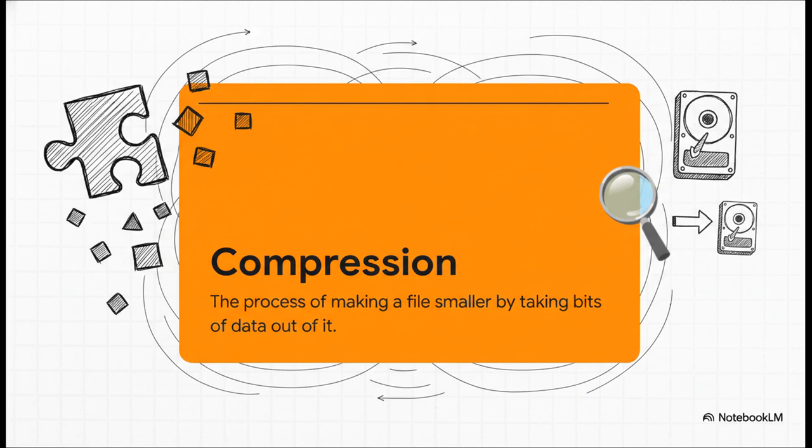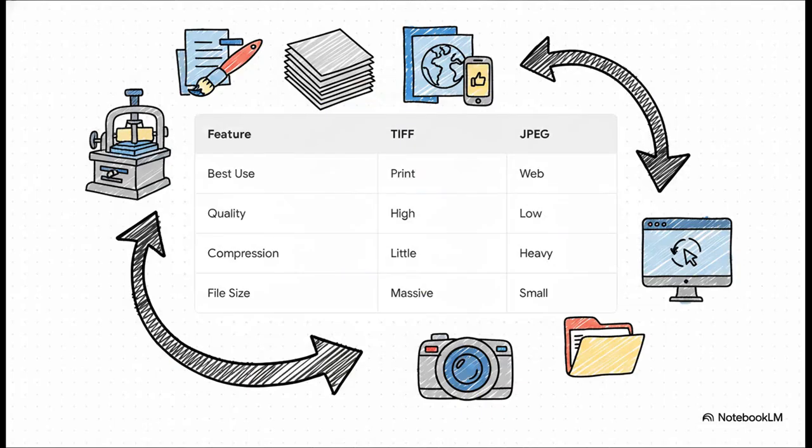The result is a much, much smaller file, but it also means you've permanently lost some of the original quality. So, just to sum it all up nice and neat, TIFF is for print. That means you get high quality, but a massive file. JPEG is for the web. That means you get a tiny file size, but you're making a trade-off on quality. See? It's always about choosing the right tool for the job.